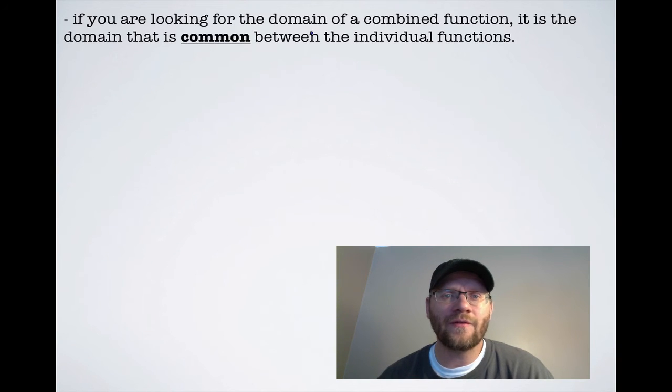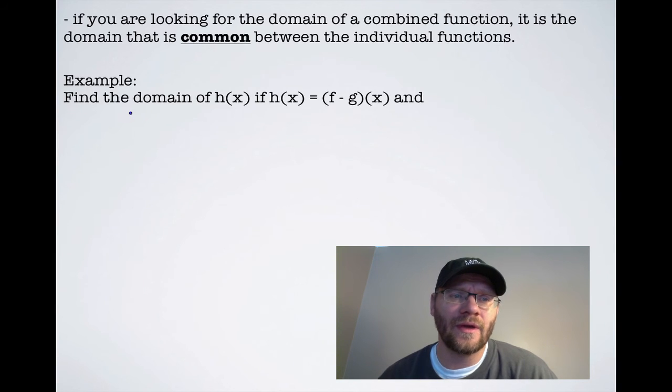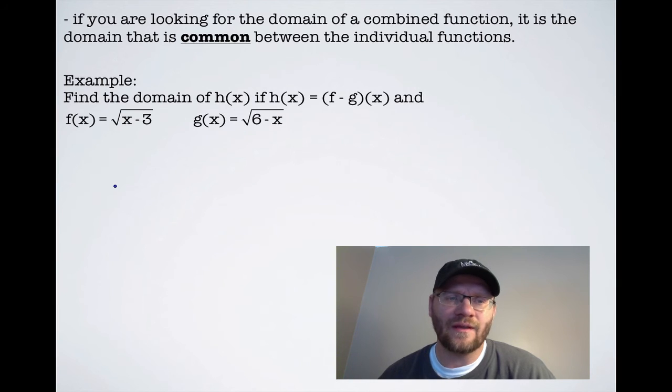So if you're looking for the domain of a combined function and you don't really want to graph it, it's really just the domain that's common between the two individual functions, like the two original functions. So for example, it says to find the domain of h of x if h of x equals f minus g of x, and f of x equals root x minus 3, and g of x equals root 6 minus x.